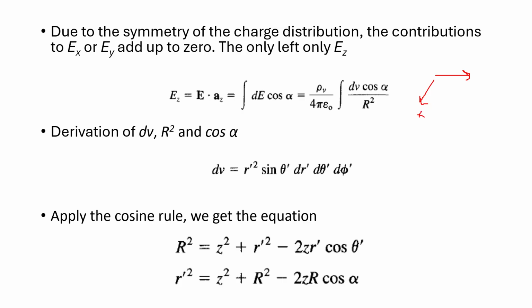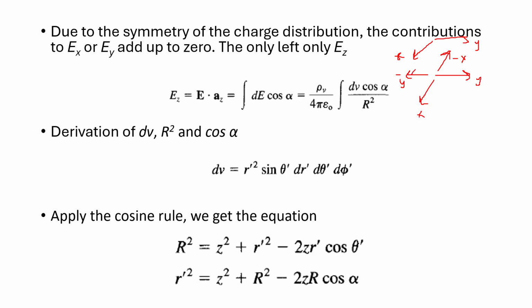When there is a distribution of charge on the surface, here you also have EX and EY. They will cancel each other out because of symmetry. Negative x and x cancel out, and y and negative y also cancel out.